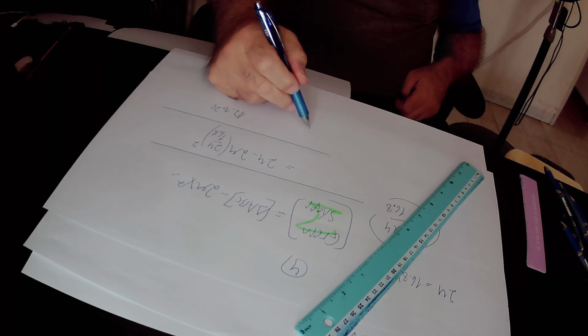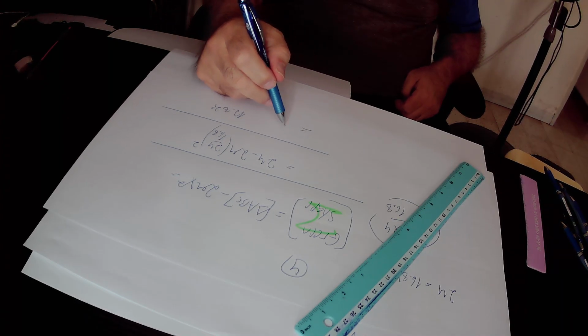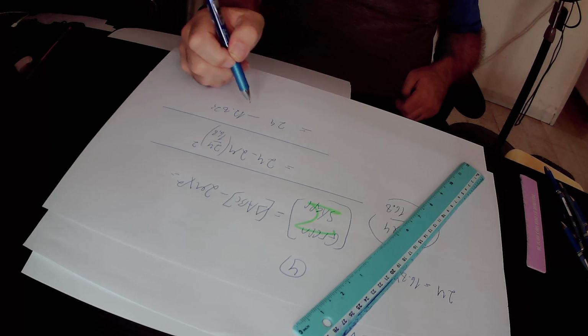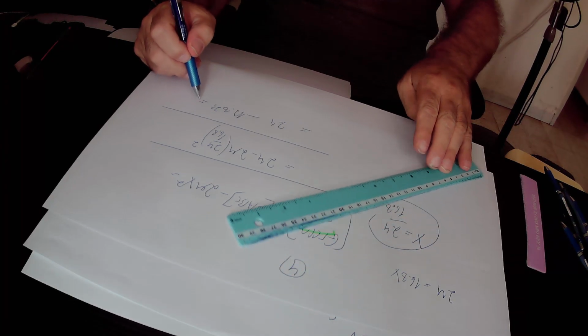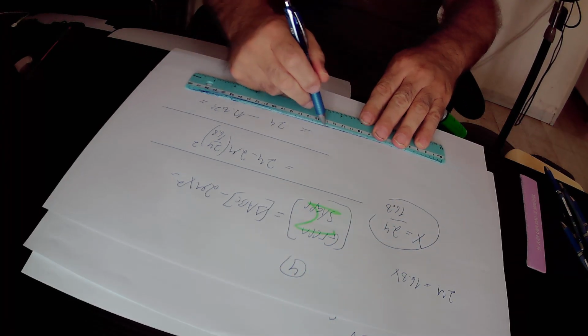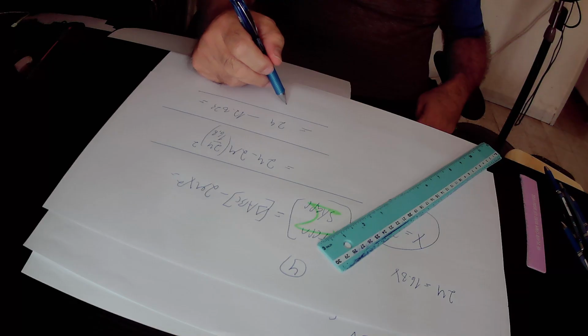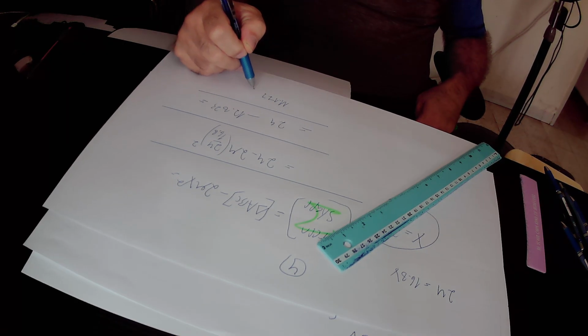So the area equals 24 minus 12.823, which equals 11.177 square units in size.